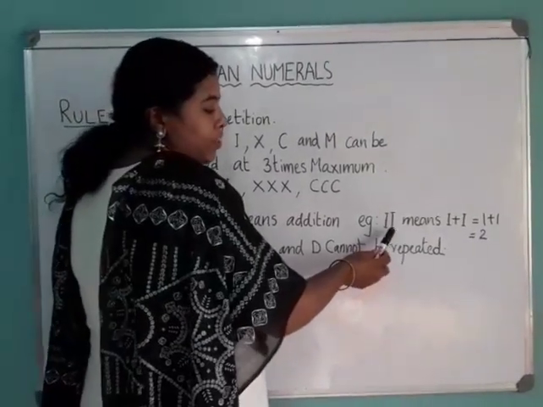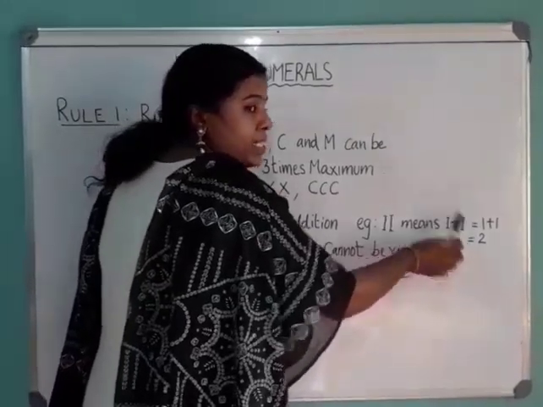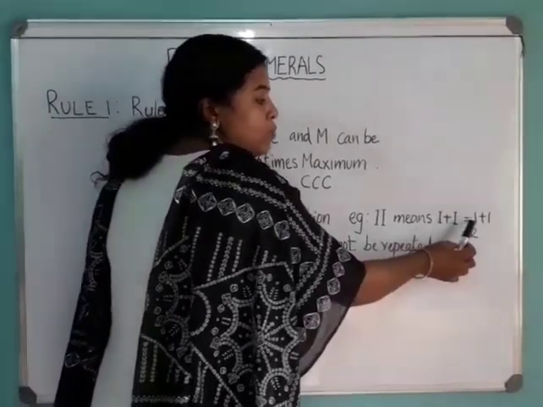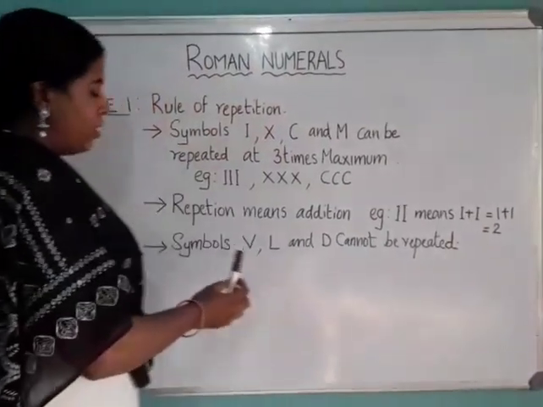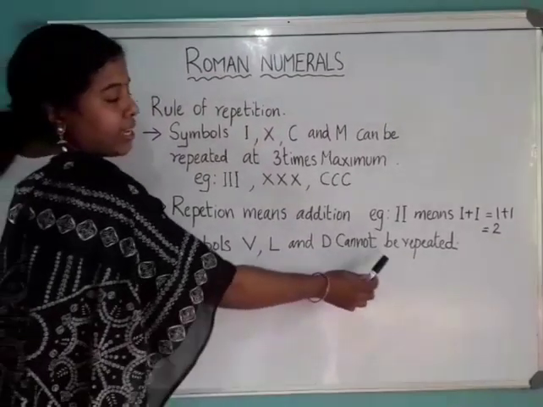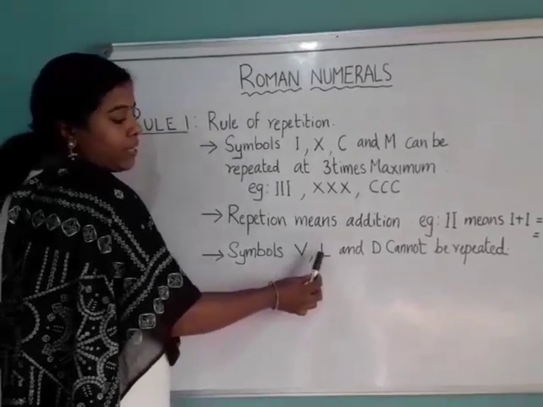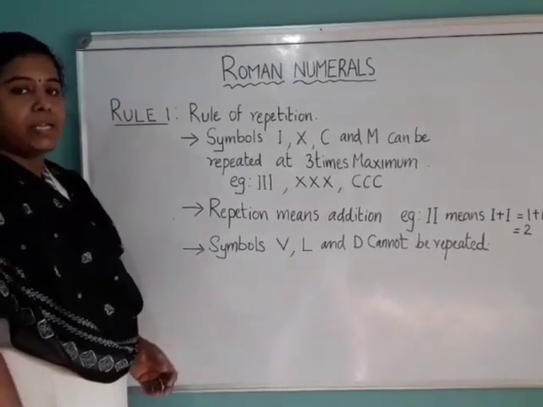For example, if I write II, that shows I plus I, where the value of I is 1. So 1 plus 1, 2. So II shows 2. In the same way, symbols V, L and D cannot be repeated. The symbols which show the values 5, 50 and 500 cannot be repeated.